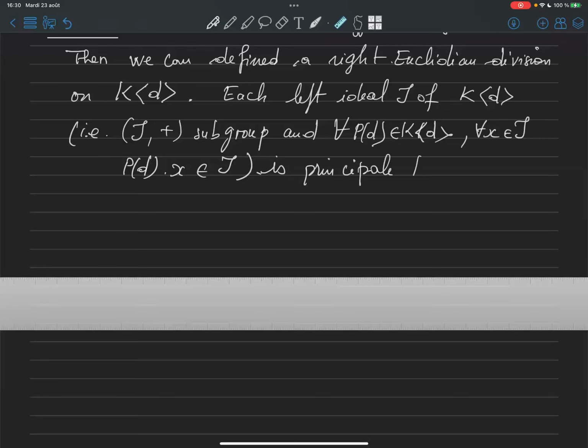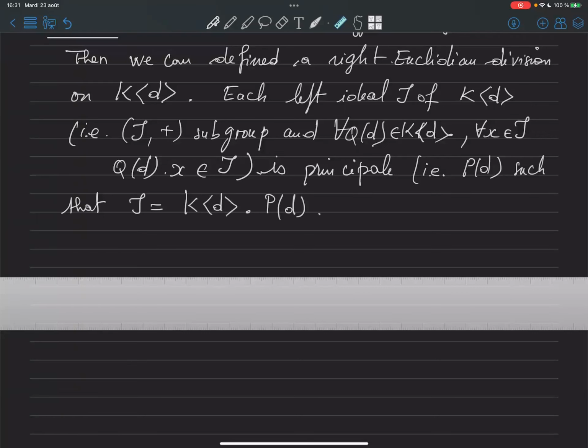Which just means that there exists an element P D such that I is exactly generated by it.